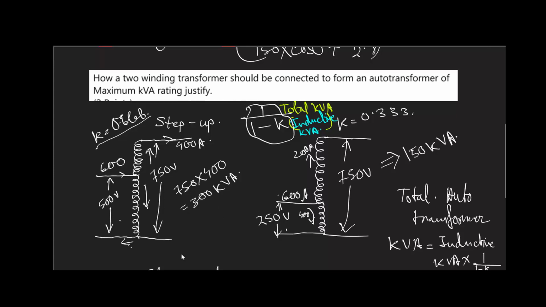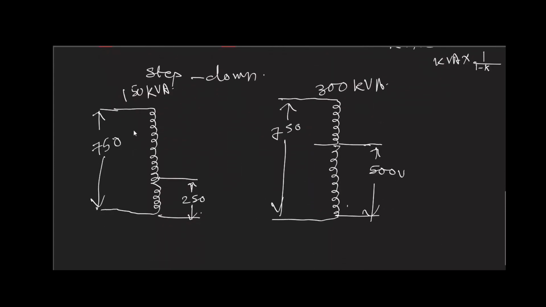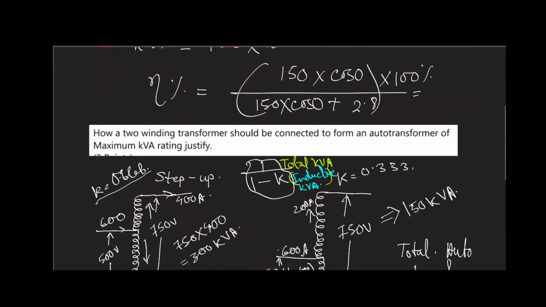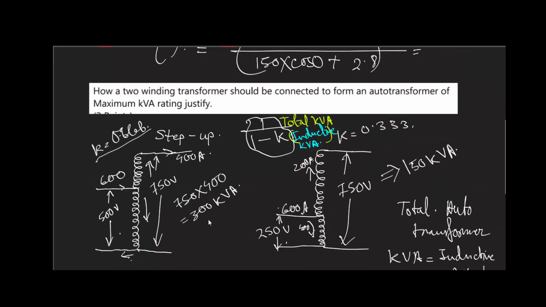The 100 kVA either way remains constant, whether you allow this one to collect the input or this one. And the same is true for this step down. It remains same. We know that if we alter the side of the transformer, that should not alter the kVA rating, and that same is true for an auto transformer also.